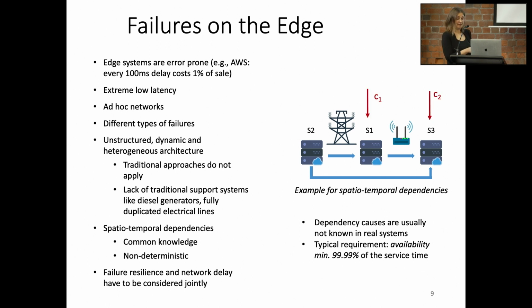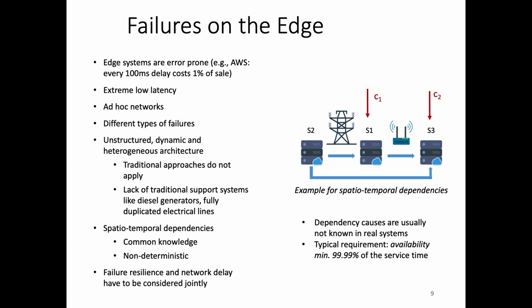The problem is, if I'm deploying 2 replicas at server 1 and server 3, I want them not to fail at the same time, otherwise I nullify the effects of replicas. And this is why, since we are working on energy efficient systems, I want to minimize the number of replicas in my system. I don't want to use 5. I want to use 2 if possible, right? And how can we deal with that?